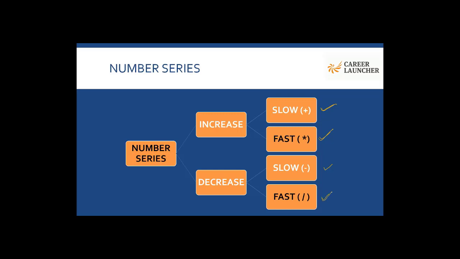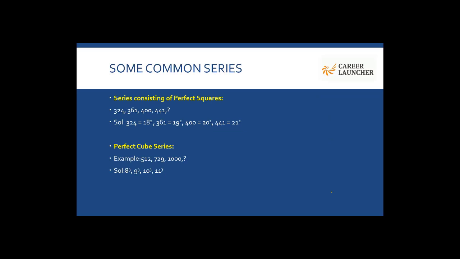So the first thing to identify when you see a number series is whether the numbers are increasing or decreasing. Then see whether the increase or decrease is slow or fast. Now there are some common series, like a series consisting of perfect squares.